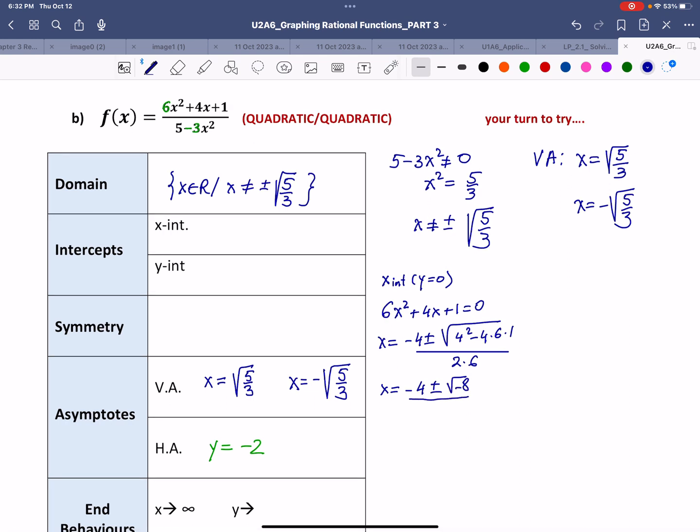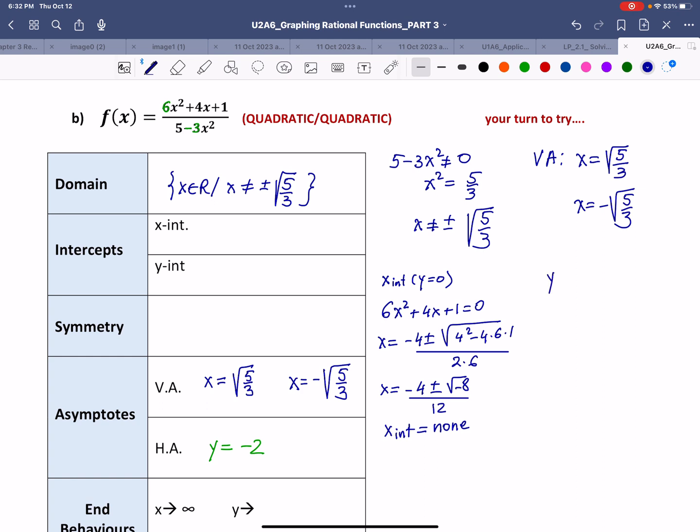This is a complex or imaginary number, so it doesn't exist in the Cartesian plane of real numbers. So we're going to say that there are no x-intercepts in this case.